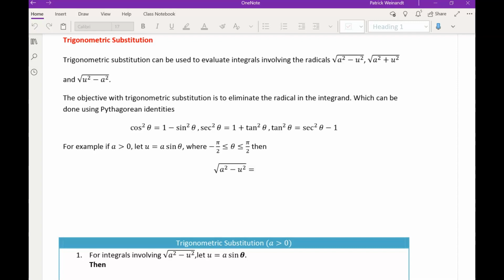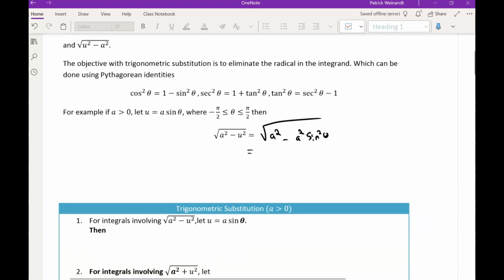Then the square root of a squared minus u squared is the square root of a squared minus a squared times sine squared theta. We can factor out an a squared, so this becomes the square root of a squared times 1 minus sine squared theta.